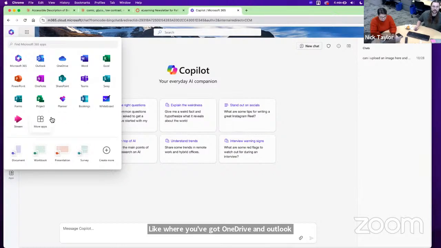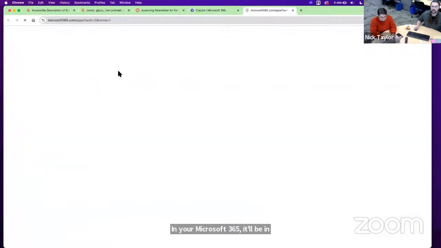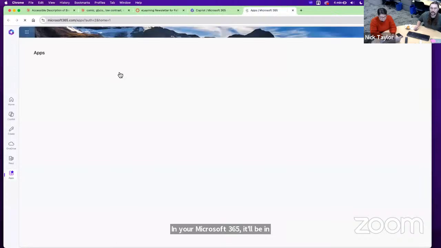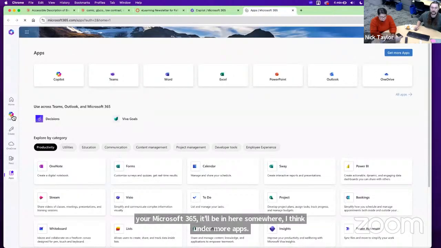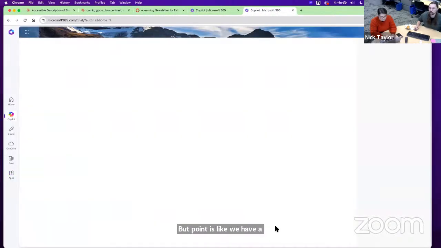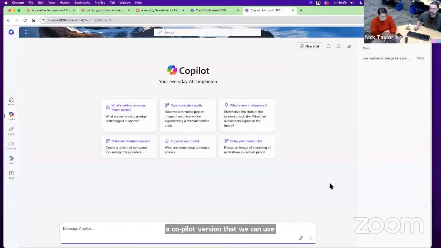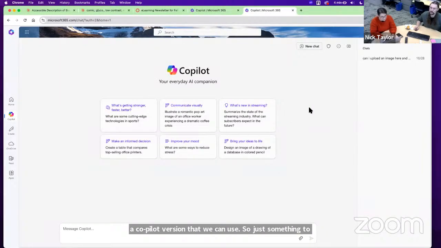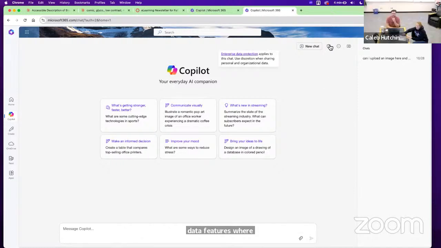It'll be in there somewhere, I think under more apps. But the point is, we have a Copilot version that we can use. Just something to note as well, because it also has some protected data features where it anonymizes things.